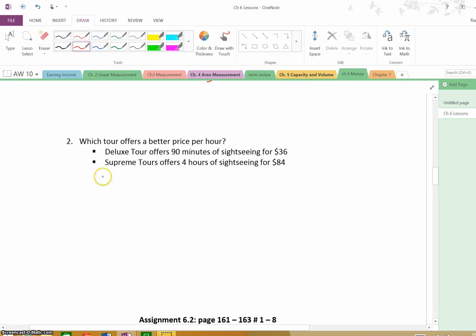You could find out what the cost is going to be per minute, or you could find out what the cost is going to be per hour. Either one will work, especially in this case, because I know 90 minutes is 1.5 hours.